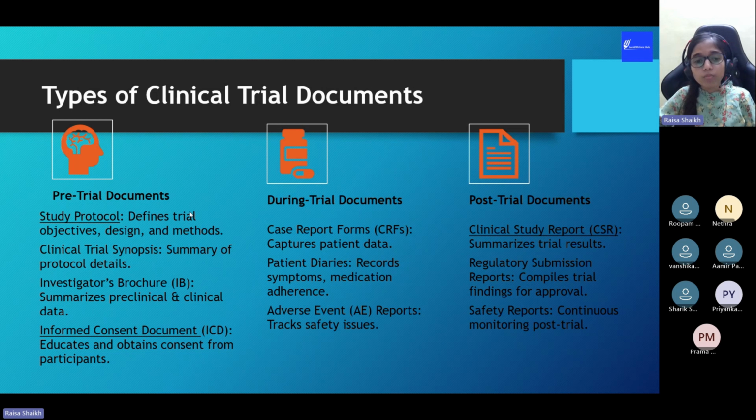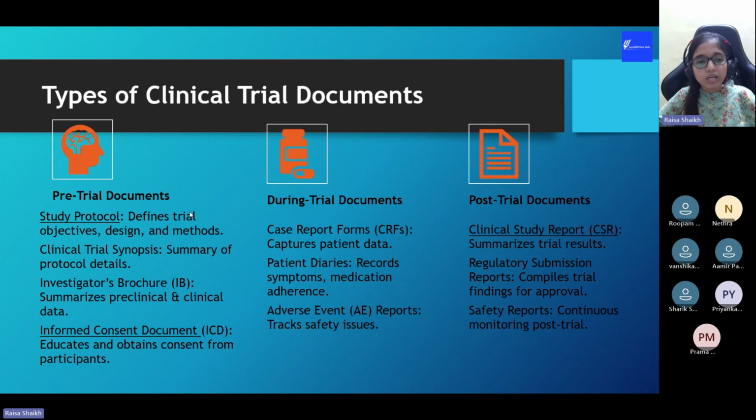Then case report forms, these are filled by the study site person. The study site person has this case report form for each visit, based on the SOA, the study schedule of assessment. The case report form will have all those things like ECG, whatever tests are supposed to be done, and the values are supposed to be filled in by the site person.